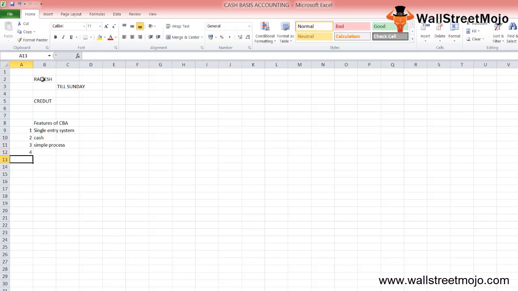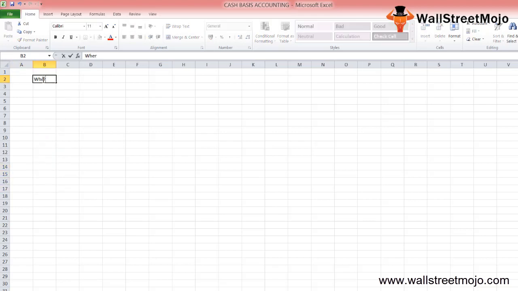Fourth, it's not at all a good accounting tool. Fifth, it lacks a built-in error checking tool. Sixth, it mainly focuses on the expenses and does not match the expenses and the revenue, which is called the matching concept.